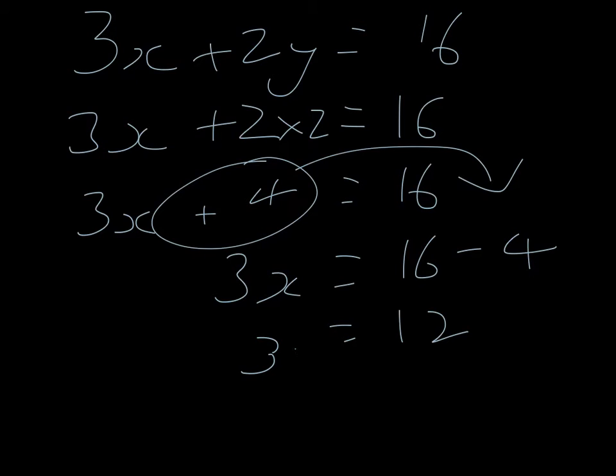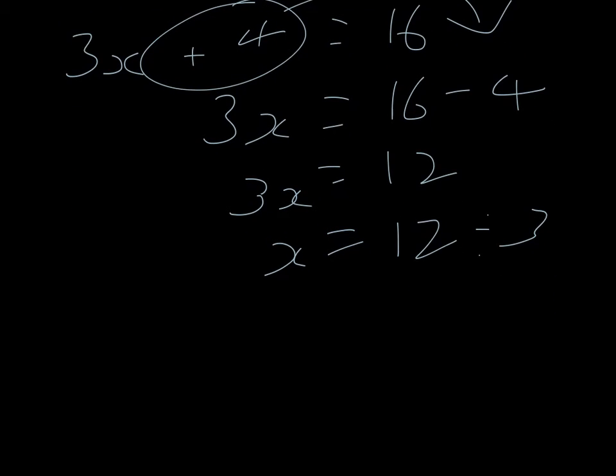And that's 3x is equal to 12. Now I take the 3 over to the other side, and that becomes 12 divided by 3. x is equal to 12 divided by 3, which is 4. x equals 4. That's an answer, so I underline it.